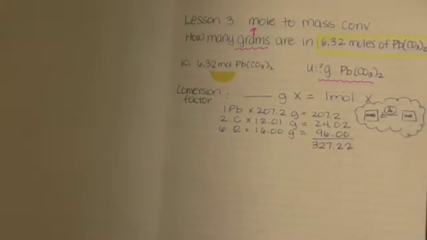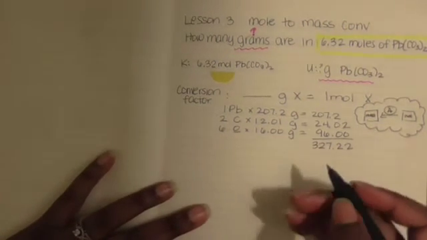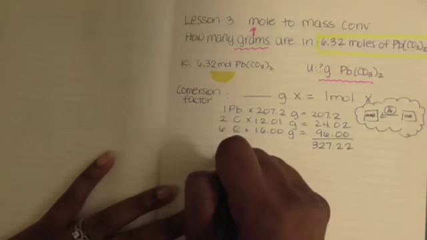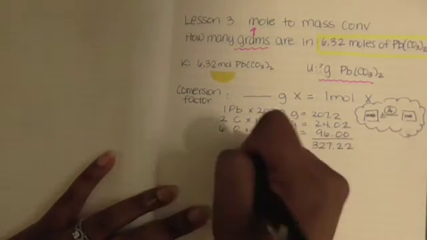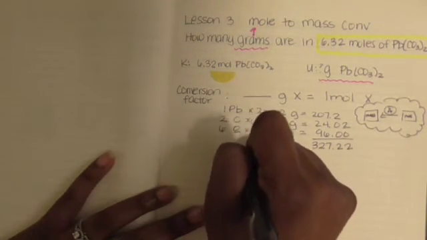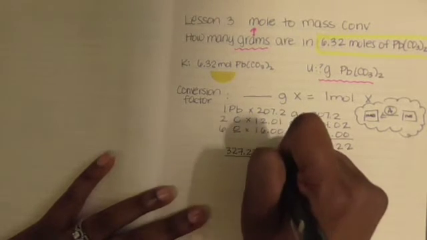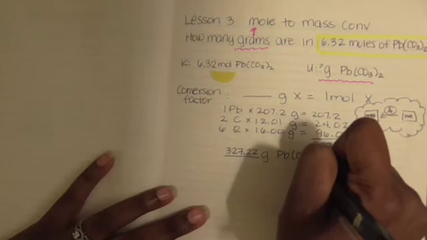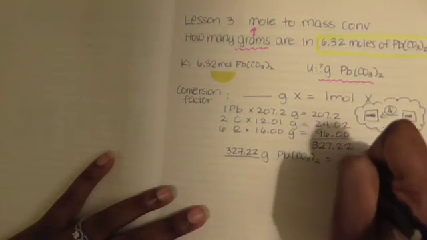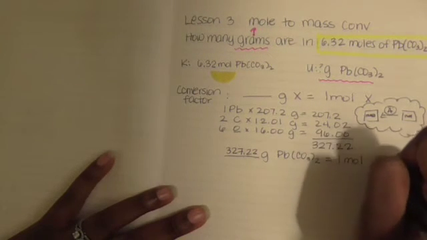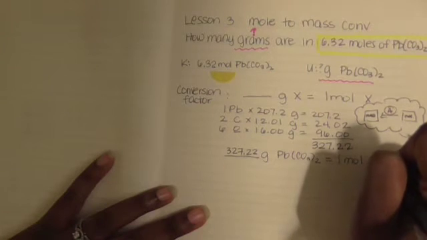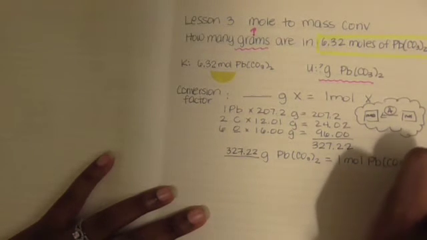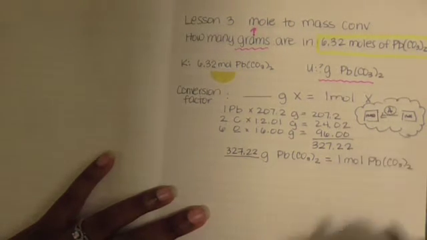And you guys know that when I put things in bubbles, it's not something that you have to write down. It's just very helpful. So our overall conversion factor is actually 327.22 grams of Pb(CO3)2 is equal to 1 mole of Pb(CO3)2.